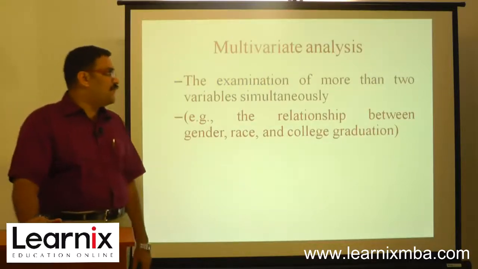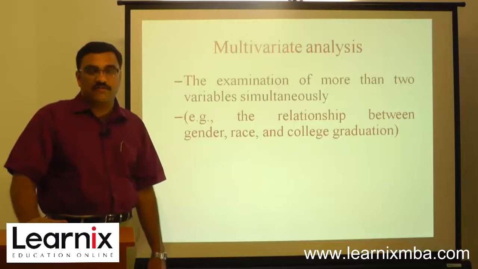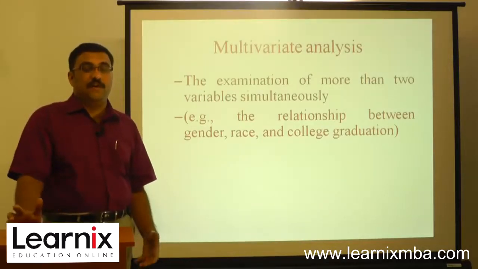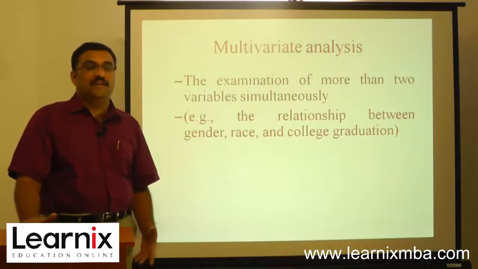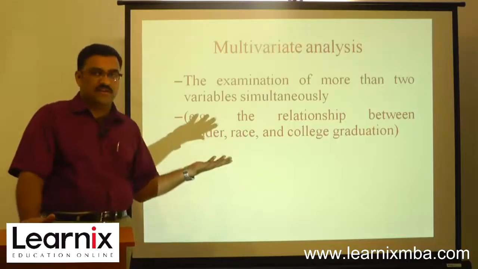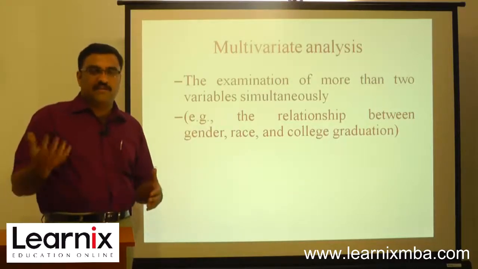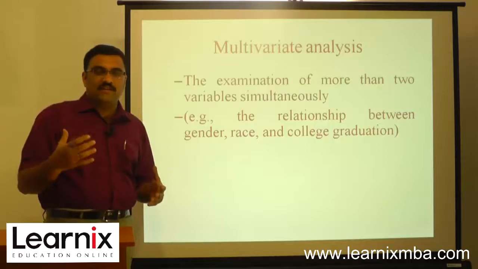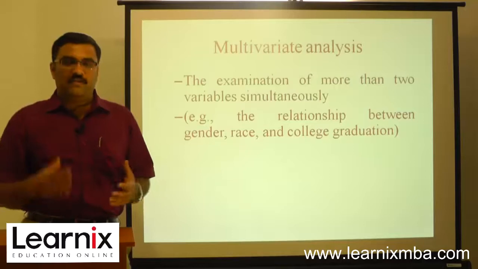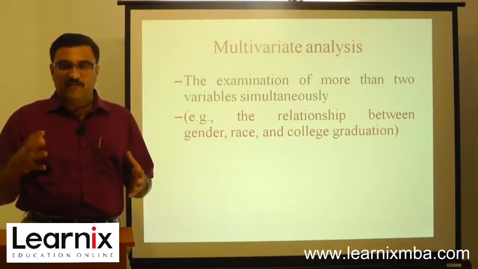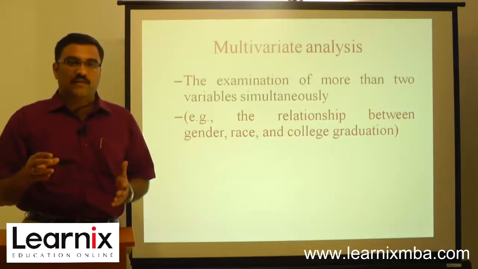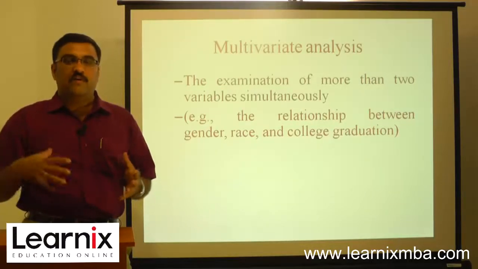Multivariate is the examination of more than two variables simultaneously. If we try to analyze the correlation or the independence between two or more variables at a time, we can call it multivariate analysis. For example, the relationship between gender, race, college, graduation. Likewise, n number of variables can be taken. It is said to be complicated because when the number of variables increases, the information you need to grab increases, so we may get very complicated results.